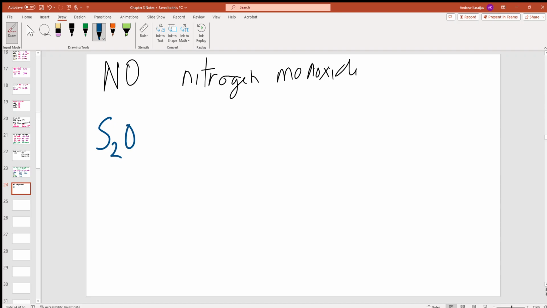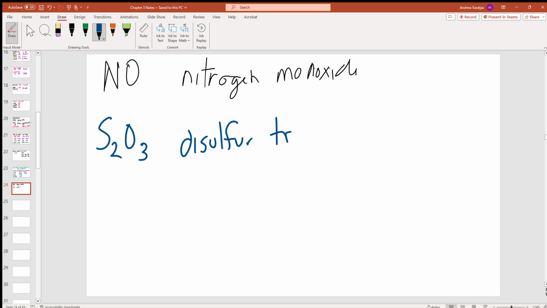How about S2O3? In this case, both elements have more than one, so we will need prefixes for both. So it's sulfur, there's two. So disulfur, and then there's three oxygens.